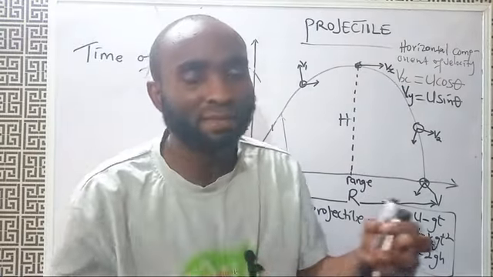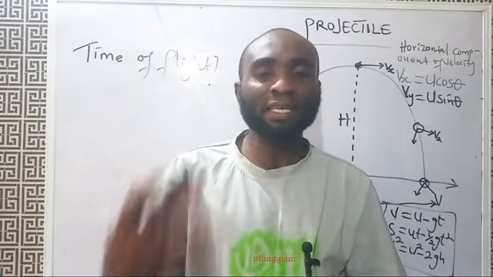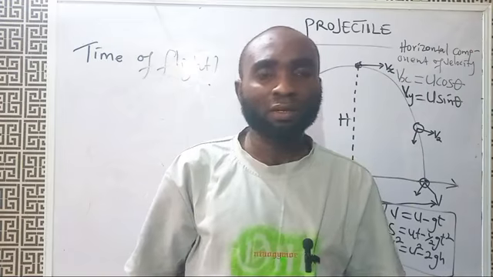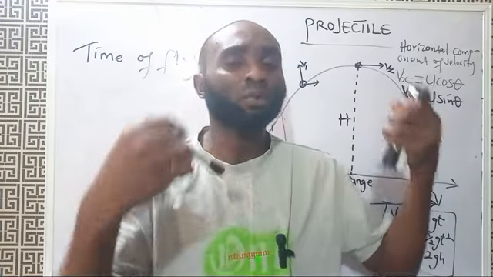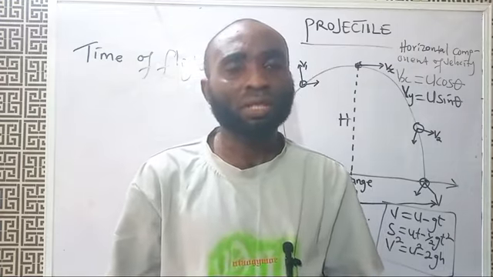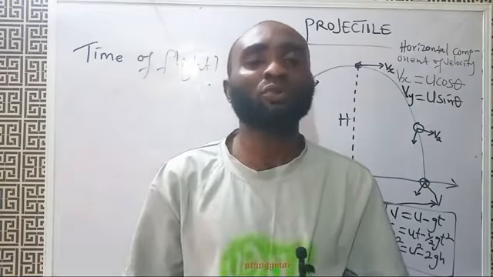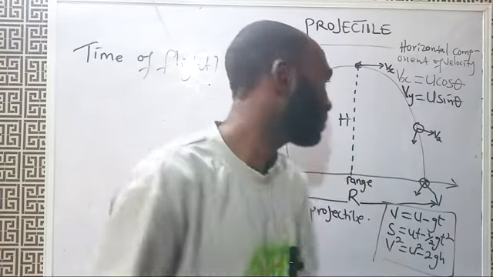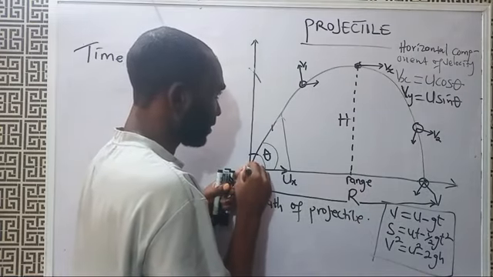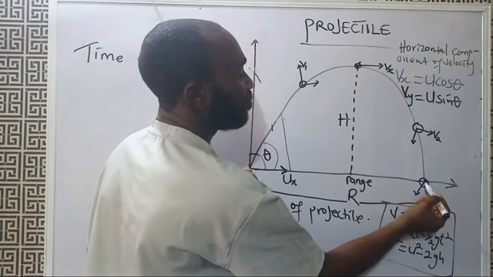The time of flight is the time taken for a projectile to move from the point at which it has been projected to the point where the projectile hits the projection plane again.